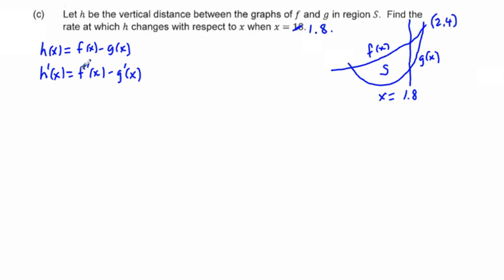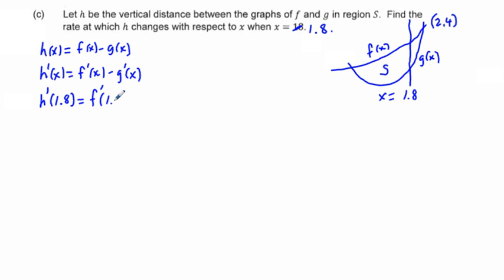So what we want, the rate at which h changes, well, we're going to have h prime of 1.8 is going to be equal to f prime of 1.8 minus g prime of 1.8.